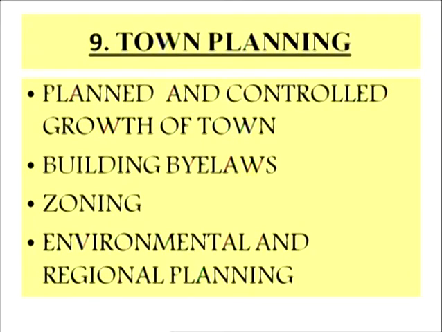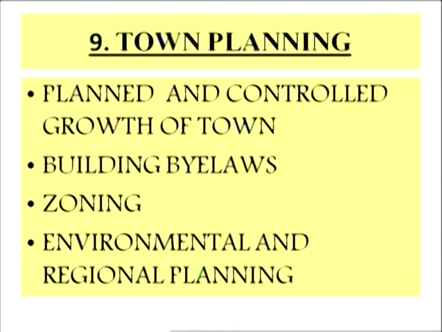Then the ninth branch is town planning. One of the important tasks which a civil engineer has to perform is the planning of a building and the planning of a town. Whenever you see the different gardens, shopping complexes and industries, these are well located in a town.